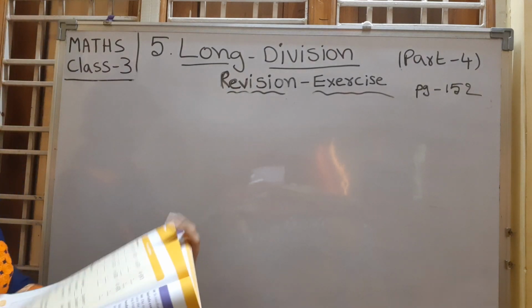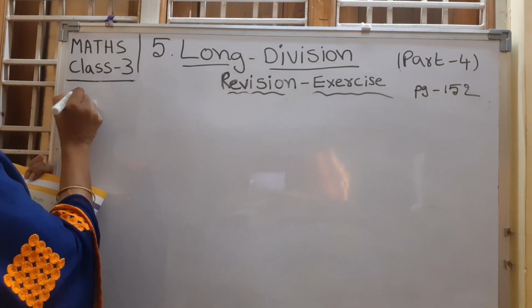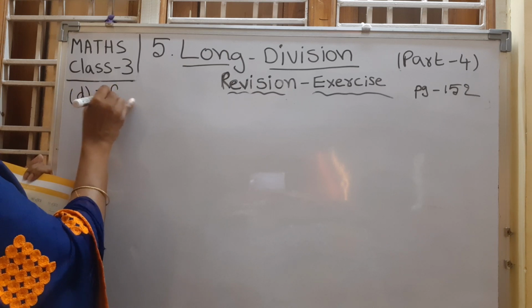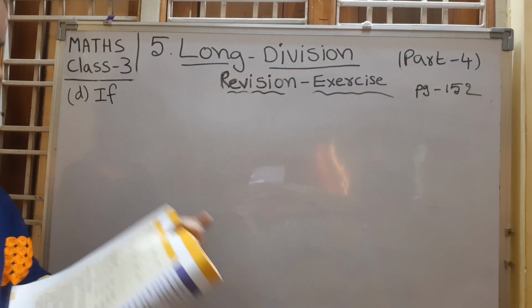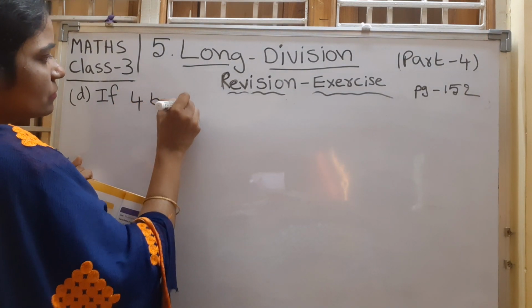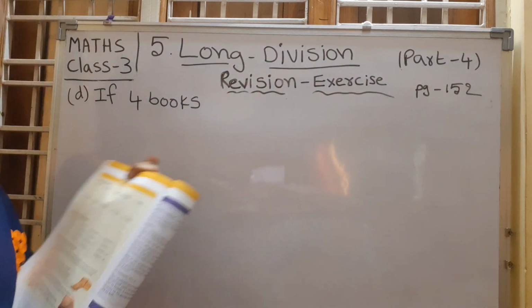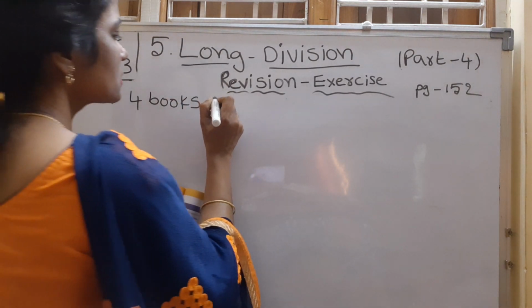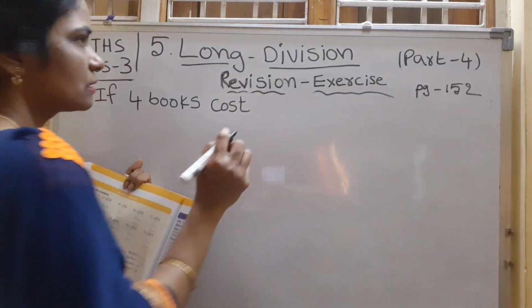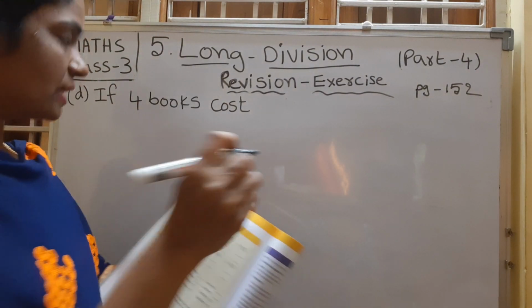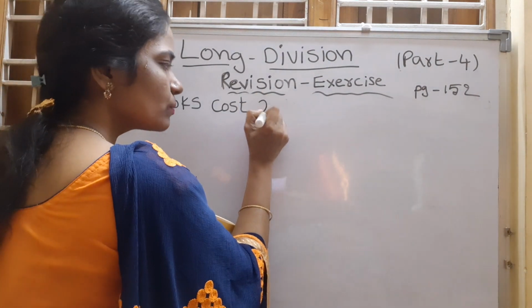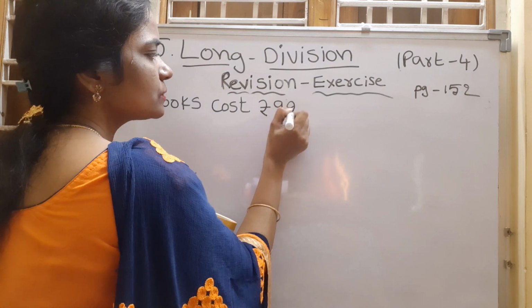Next one. If 4 books cost 92 rupees. Children, this is the rupees symbol. 92 rupees.